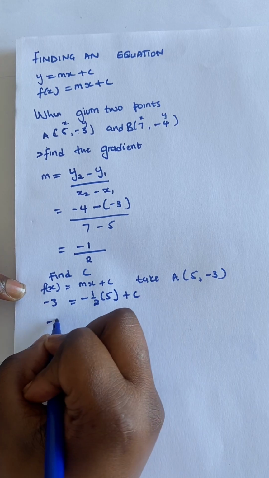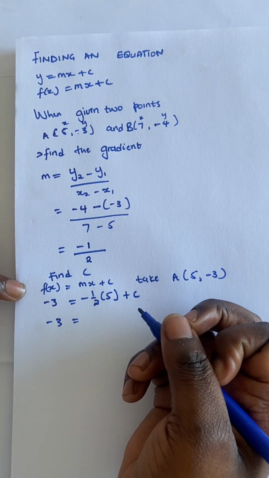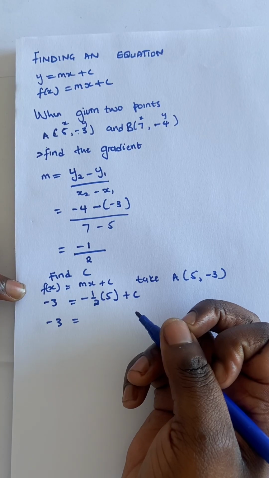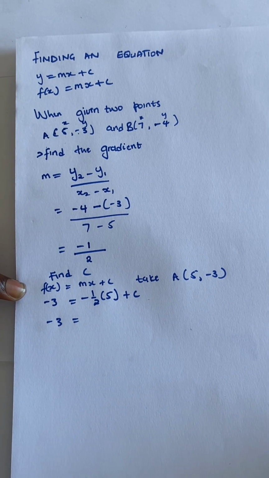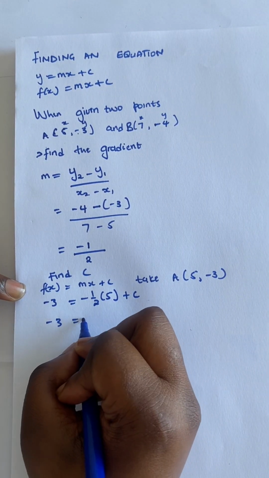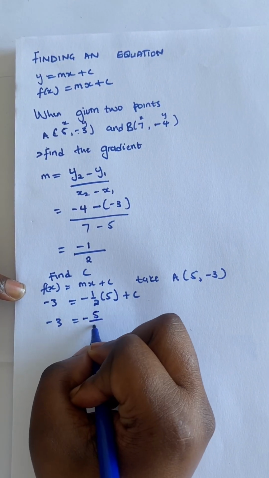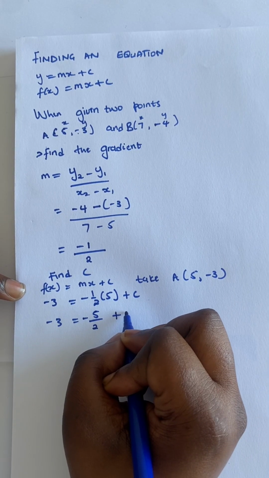All right, -3 is equal to -1/2 times 5. Remember, a numerator with a numerator, a denominator with a denominator when it comes to multiplication. So 1 times 5 will be 5/2, -5/2 plus c.